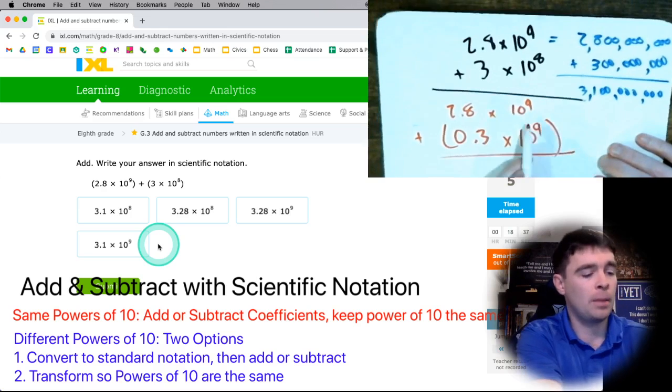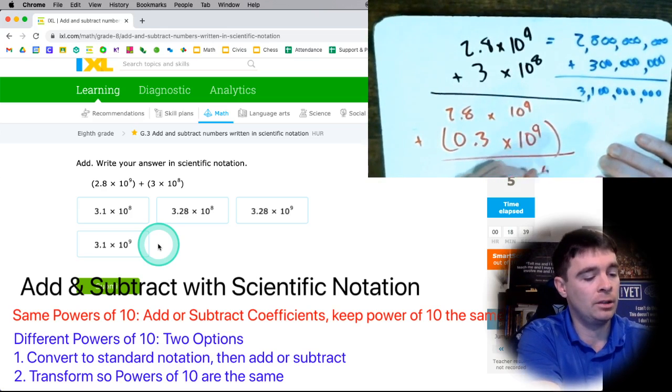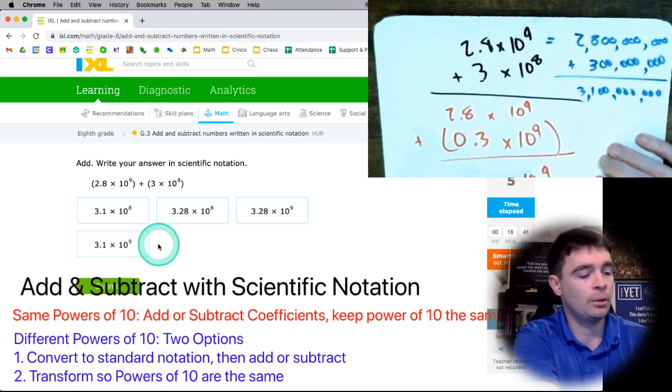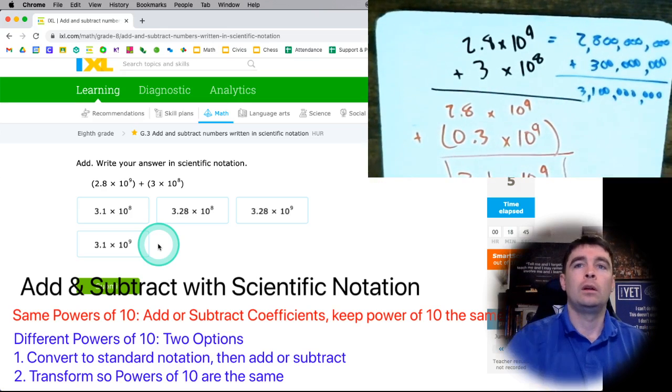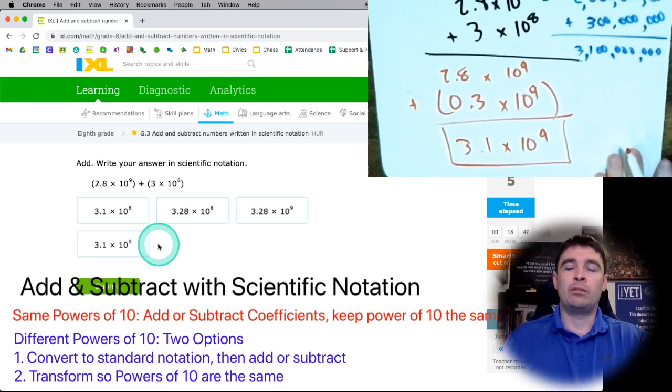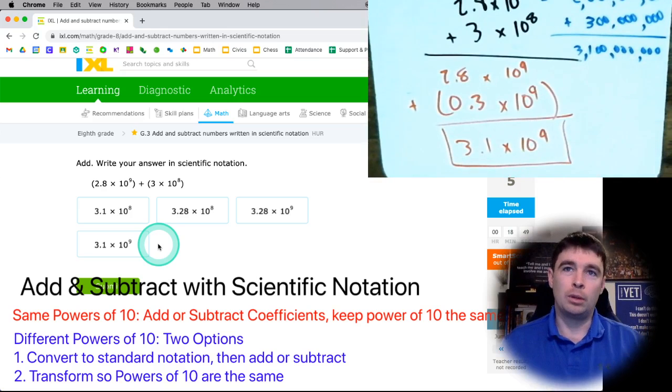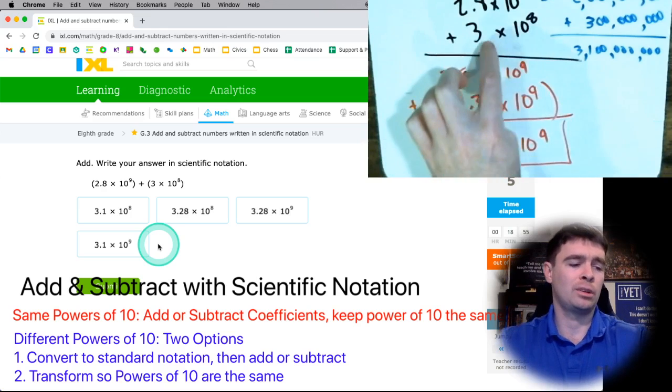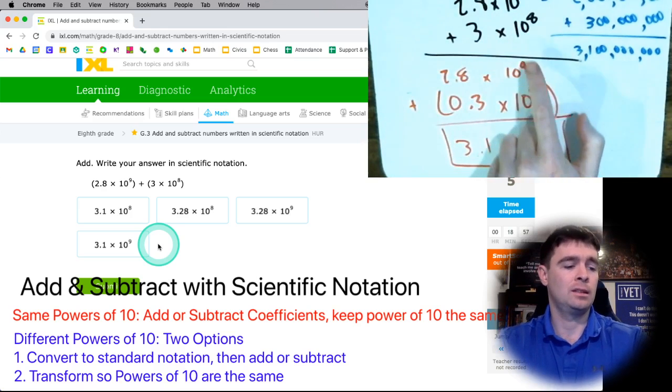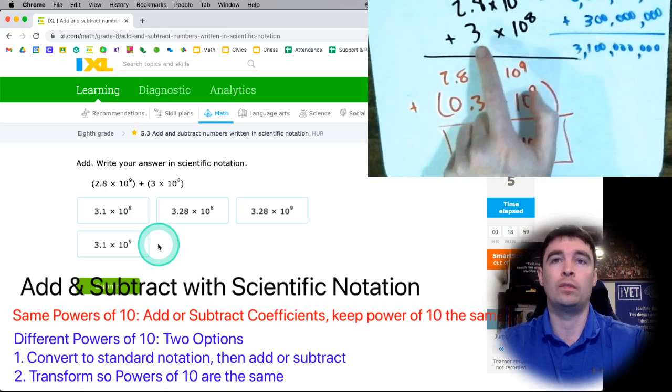And so the same power of 10 just stays there, and all I need to do, 2.8 plus 0.3 gives me 3.1. So now we see in red there the same answer that we had in blue, but it's in scientific notation. And it may have been easier, less writing, less work, if we understood how to switch 3 times 10 to the 8th, a 10 to the 9th number that's equivalent in value.